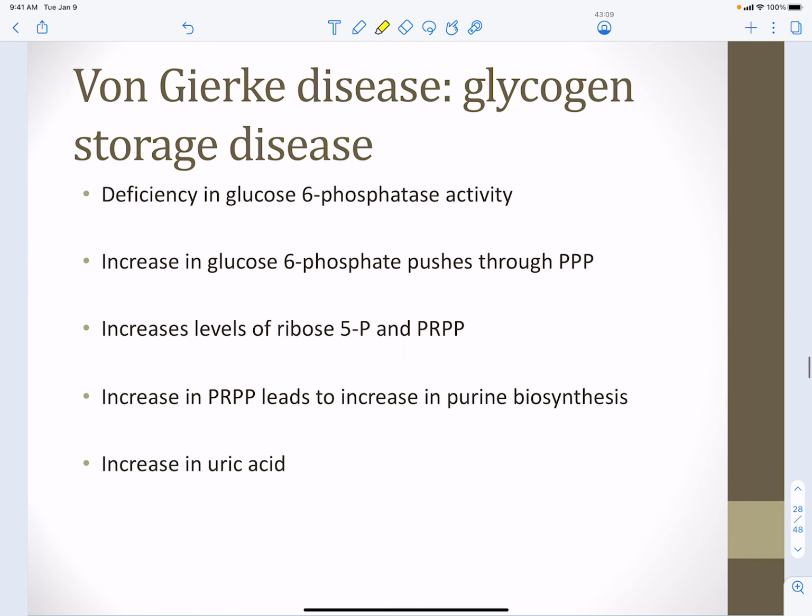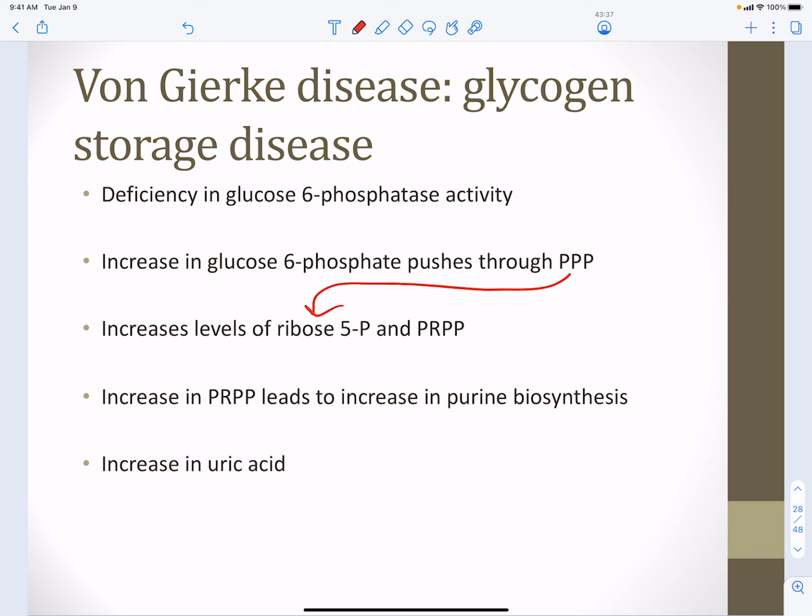There's also von Gierke disease, and this is a glycogen storage disease. The deficiency is associated with glucose-6-phosphatase activity. Remember that glucose-6-phosphate pushes things through the pentose phosphate pathway, and the pentose phosphate pathway is going to give you your 5-carbon sugars.